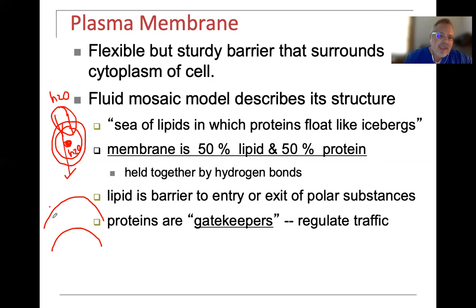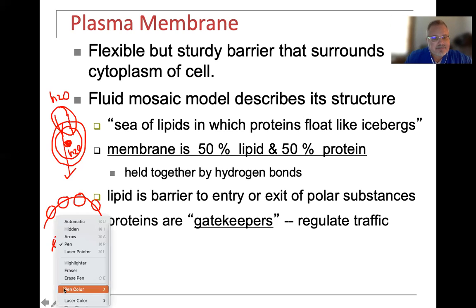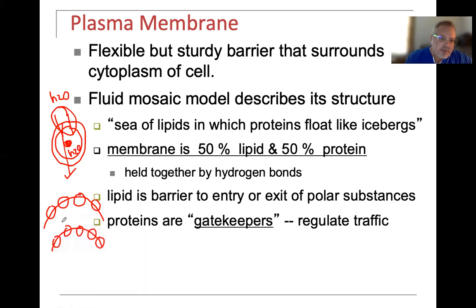So on the outside of the cell, we're going to have these spheres that are hydrophilic. And on the inside, closer to the intracellular portion or the cytosol, we're going to have these spheres that are hydrophilic. Those are phosphates. And then on the inside, let's make this blue, we're going to have these lipids.